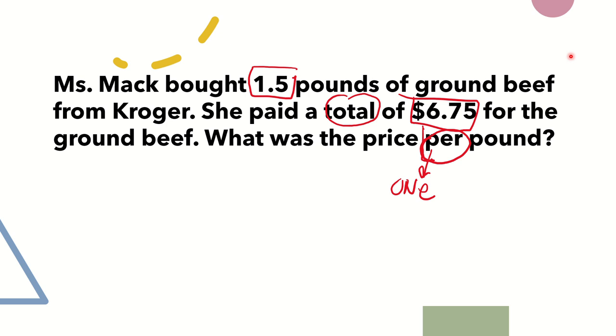Okay? So now that we kind of figured that out, let's go ahead and underline my question, which we've already kind of discussed and talked about. What was the price per 1 pound of meat? My dividend goes on the inside. My divisor goes on the outside. We have a problem.